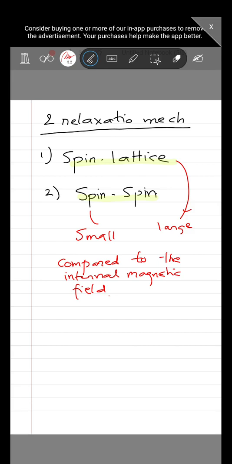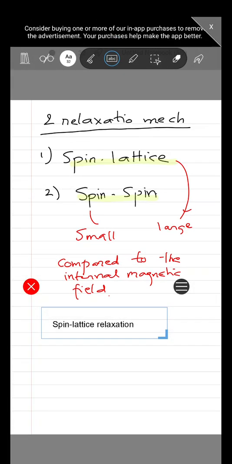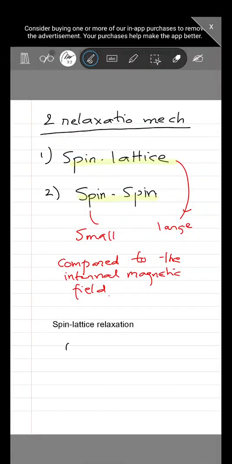Now let us go into the details of what we actually mean by spin lattice relaxation. While discussing spin lattice relaxation, we'll assume that the magnetic interaction between spins is neglected. So we'll assume there is no spin-spin interaction involved.